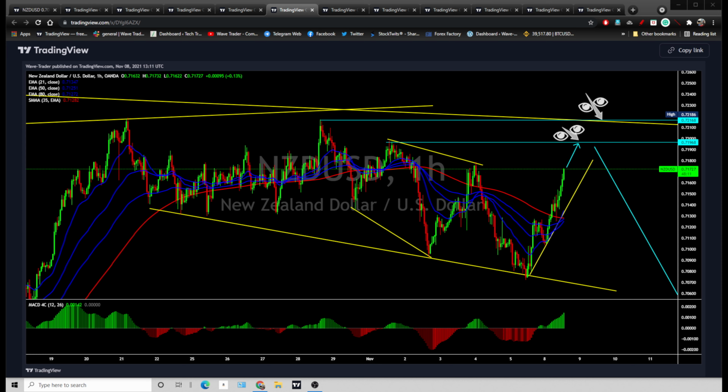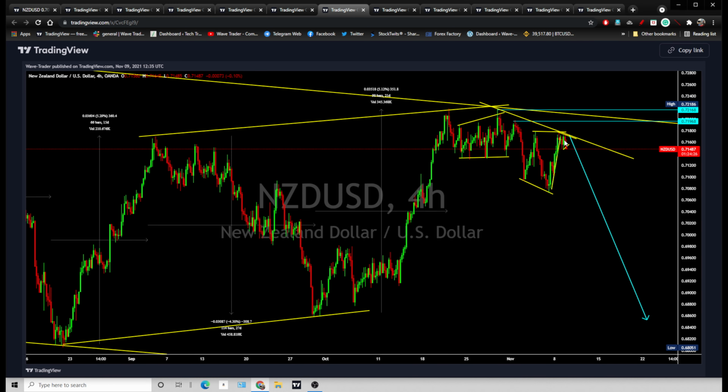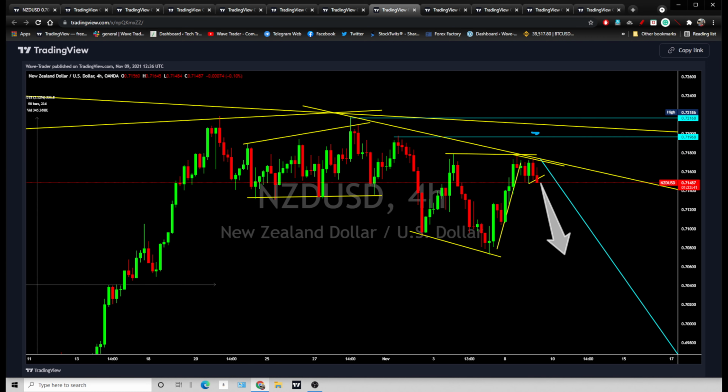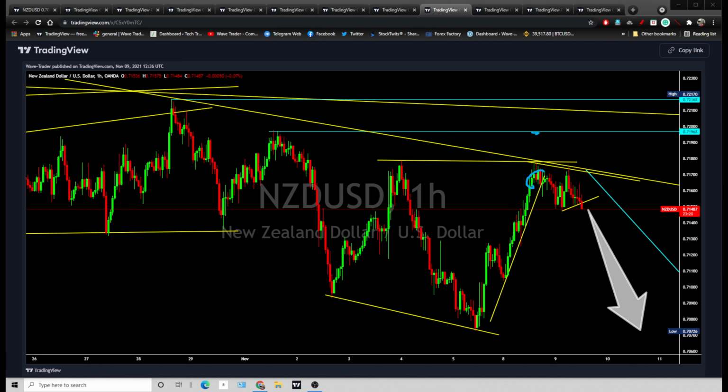Then we were expecting it to hold that previous top and continue dragging lower. Price held that previous top, which went into a flat formation. Then we were expecting the correction which was appearing over there to break out. So we got a breakout. There were a couple of updates on the Kiwi.